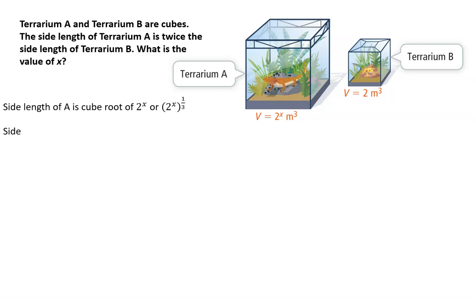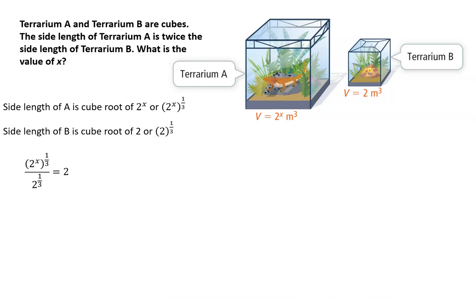With terrarium B, the side length is the cube root of 2, or 2 to the 1/3 power. Now the question said the side length of A is twice the side length of B. So we could write a proportion of A to B. That proportion has to equal 2.